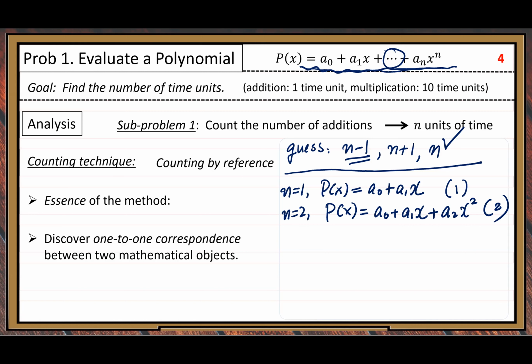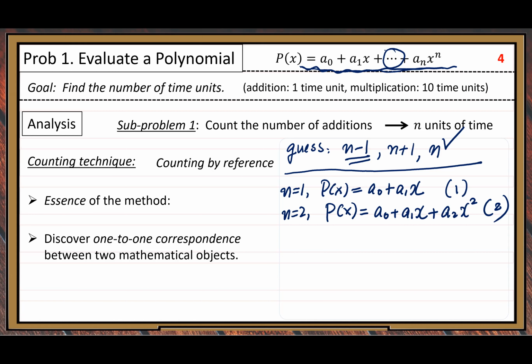Here I use a small diagram to show you the idea. We have object 1, object 2, and we find some one-to-one correspondence between object 1 and object 2.